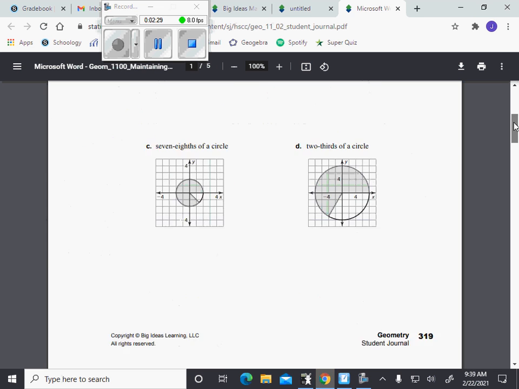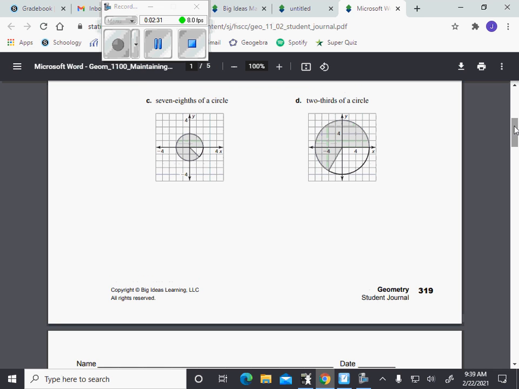Moving on, it's number 3 here. We want 7/8 of this circle. Our radius is right here, and it looks like it's 1, 2. So A is equal to pi times 2 squared, or A is equal to pi times 4, or 4 pi.